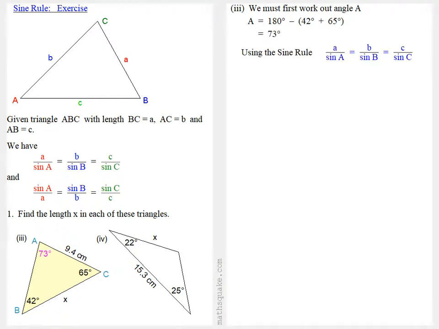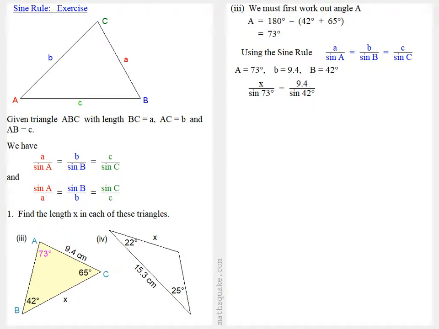So, using the sine rule, a over sine A equals b over sine B, we have the angle A is 73 degrees, the side b is 9.4 centimetres, and the angle B is 42 degrees. So, x over sine of 73 equals 9.4 over the sine of 42.